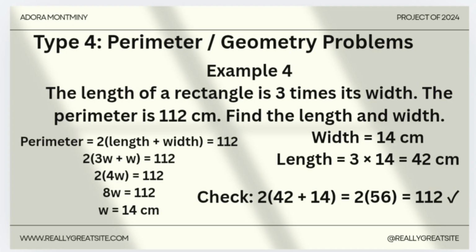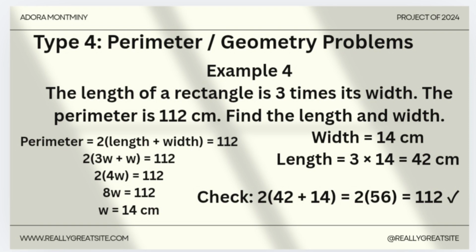Example 4. The length of a rectangle is 3 times its width. The perimeter is 112 centimeters. Find the length and width. Let W represent width. Length = 3W. Perimeter = 2(length + width) = 112.